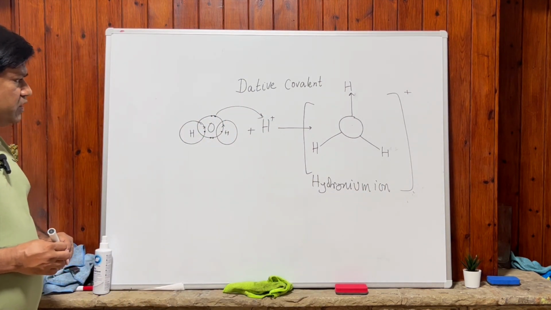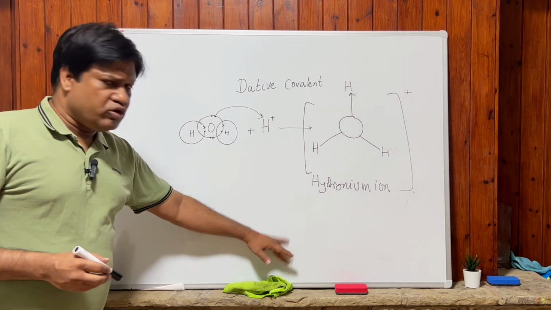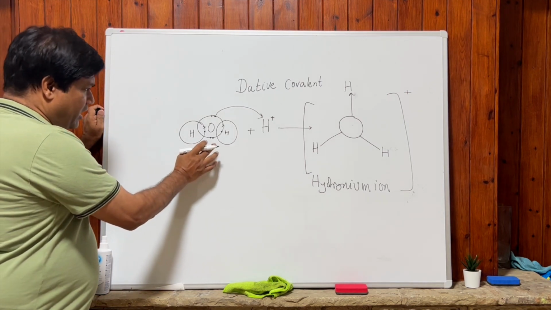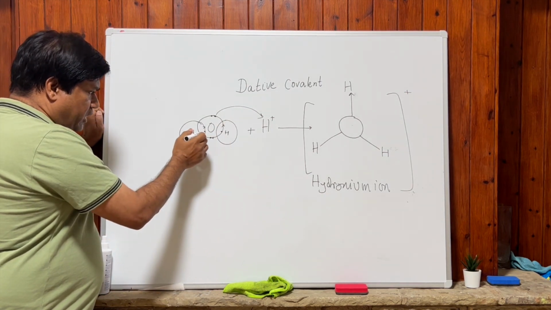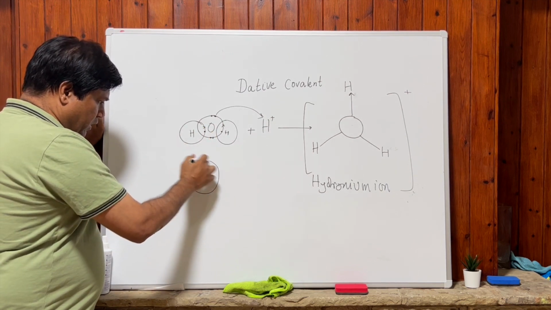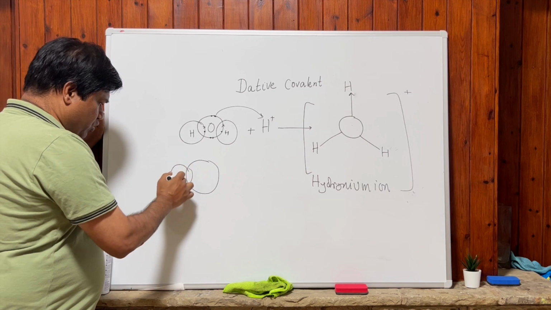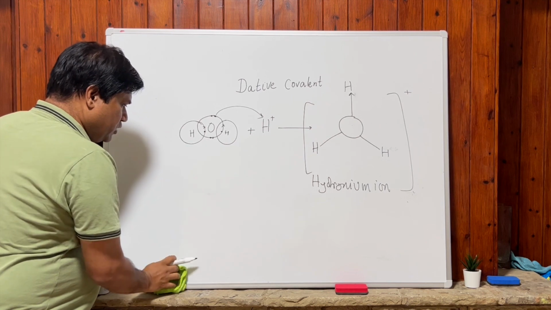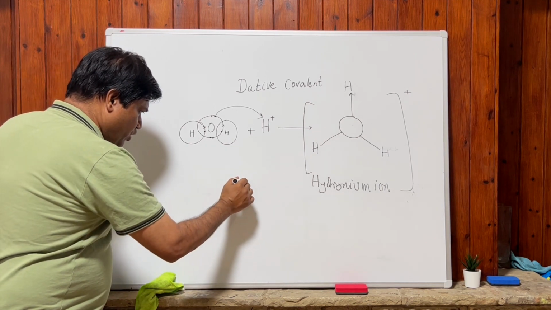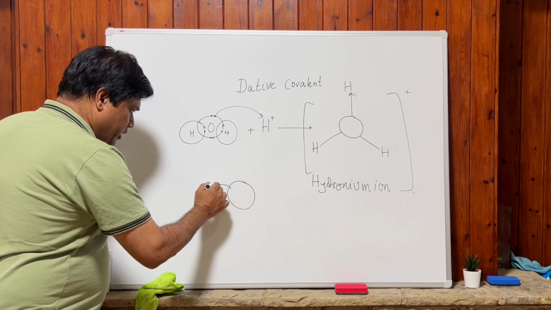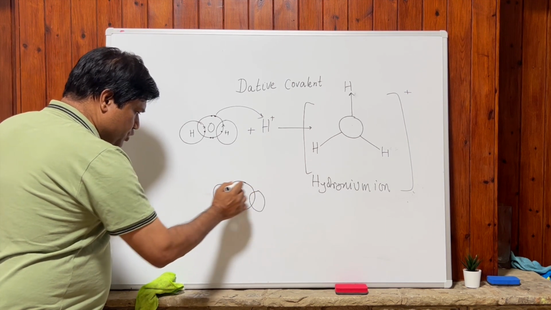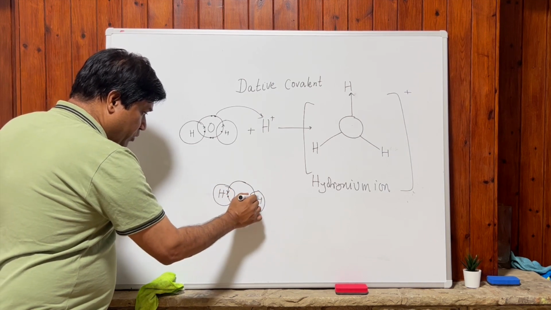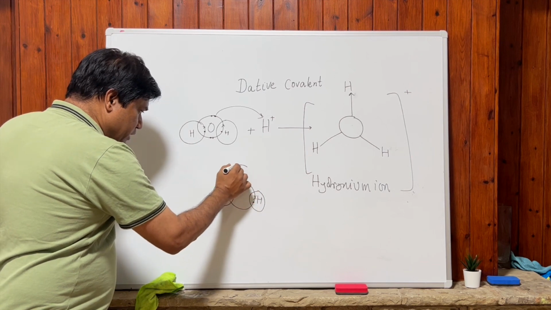Now let's draw the dot and cross structure of the hydronium ion, which is easy. Before that, it has 2 covalent bonds. The oxygen atom has 1 covalent bond with hydrogen, 1 covalent bond with 1 more hydrogen, and then a dative bond.